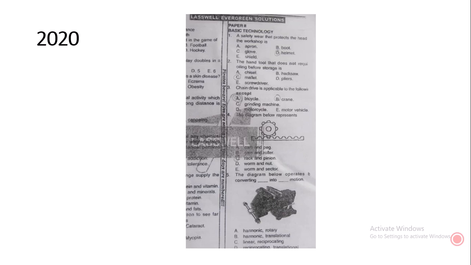The question asks what type of motion the diagram below operates, and basically it's for this bench vise here. It's a holding device, so it uses rotary motion, which it converts into linear motion. Converts rotary motion into linear motion.